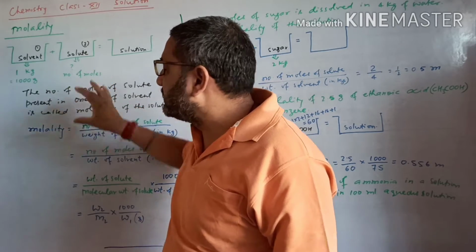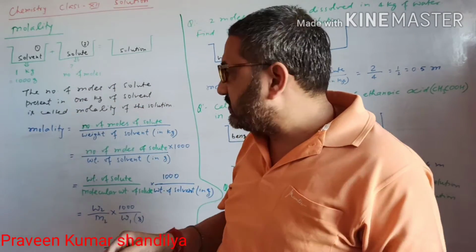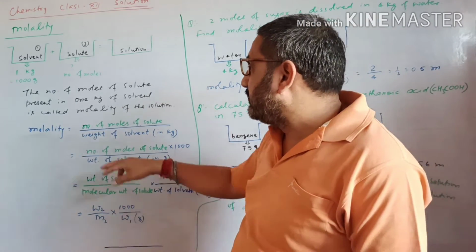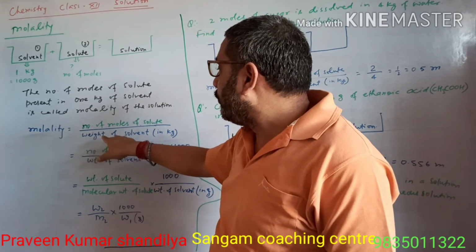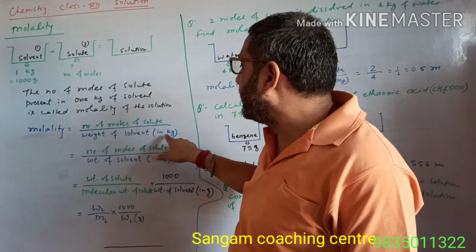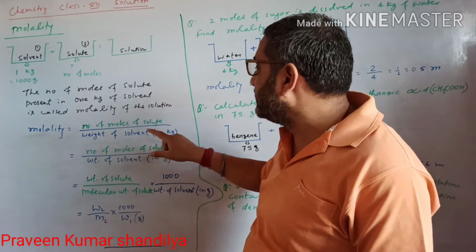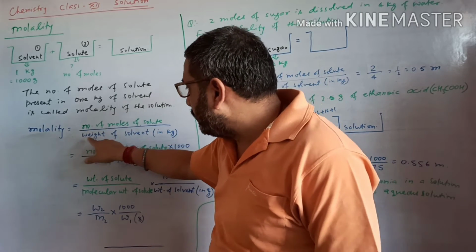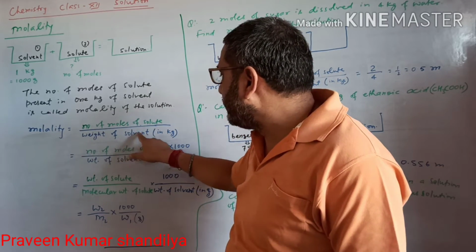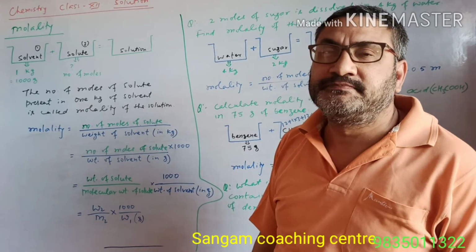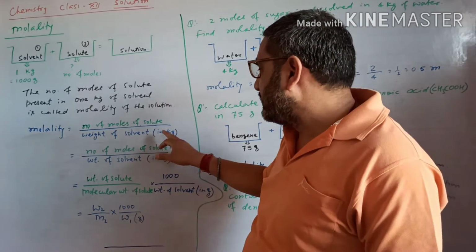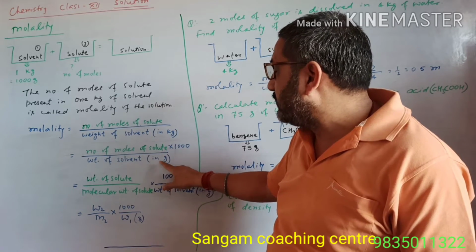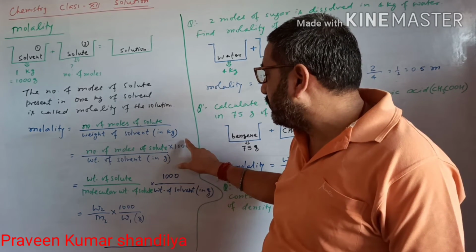This sentence can be changed mathematically. Molality is equal to the number of moles of solute by weight of solvent in kg. If we change kg into gram, we have to multiply by 1000.